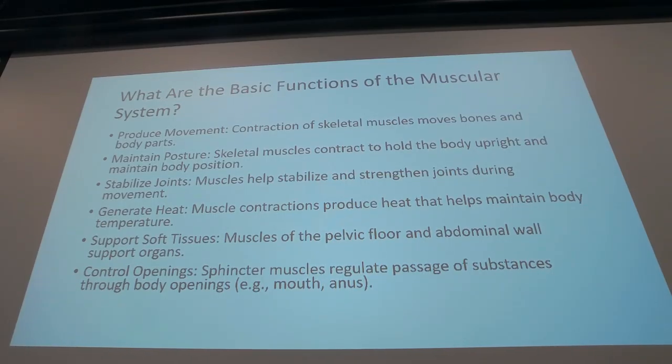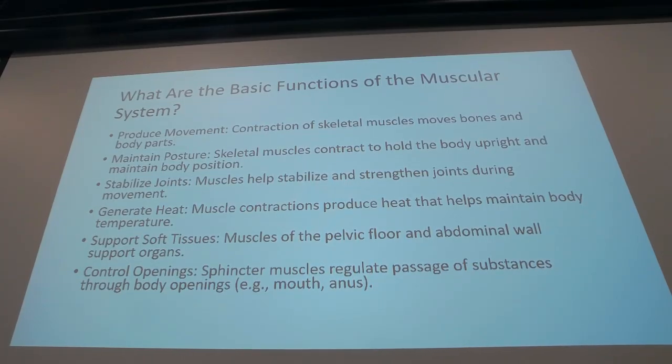For instance, when someone is playing an instrument or when someone is doing sports, they have to control that movement of the articulations. So then our muscles help us to stabilize joints.